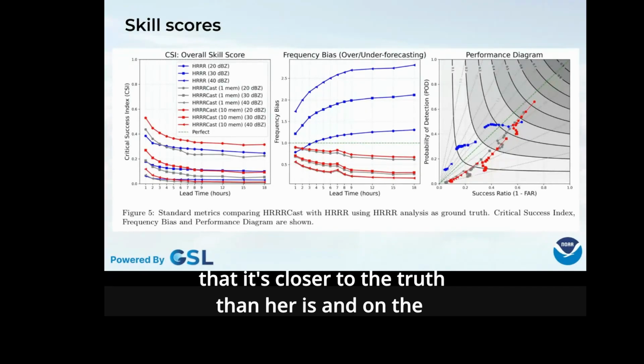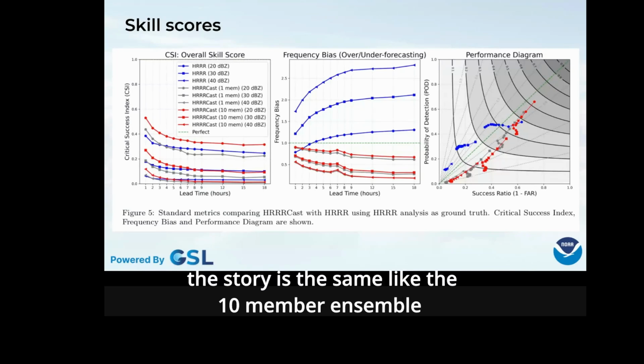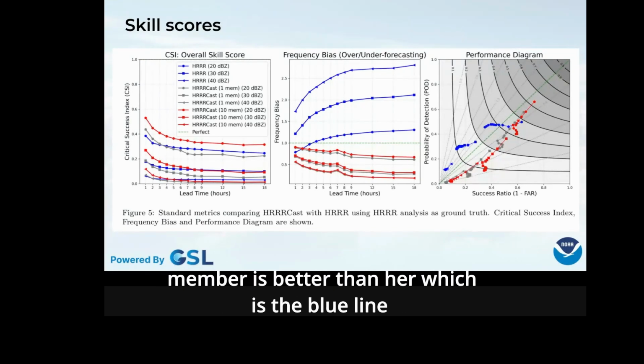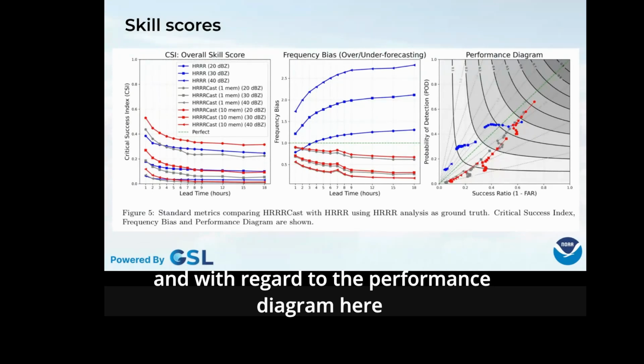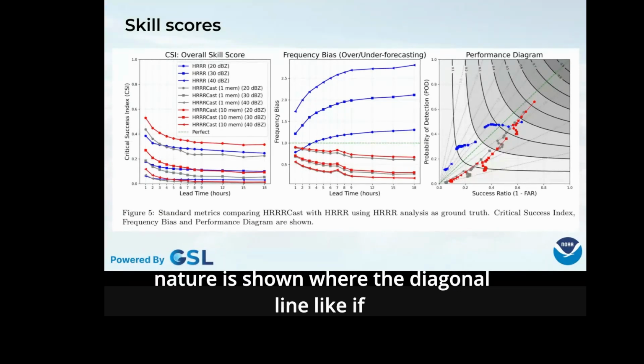And on the left, I'm showing critical success index, and the story is the same. The 10-member ensemble is better than HRRR, which is the blue line. With regard to the performance diagram, the under forecasting and over forecasting nature is also shown.